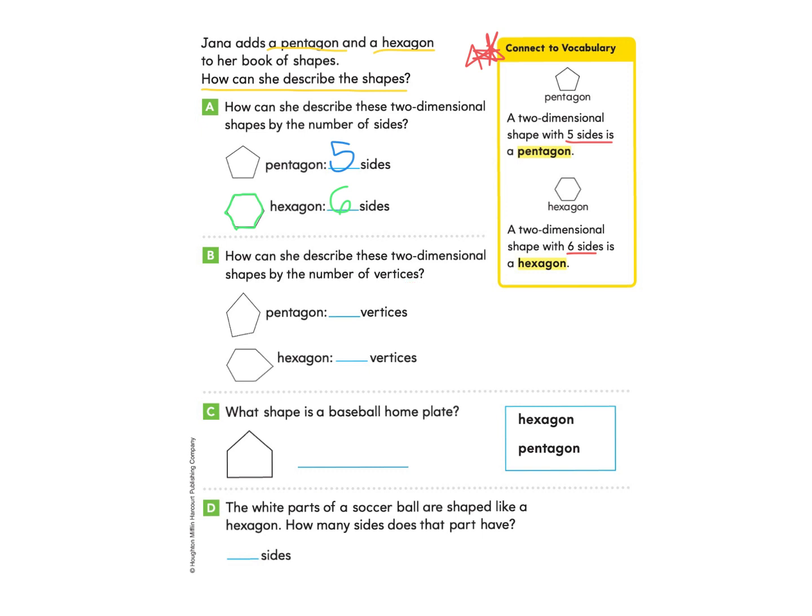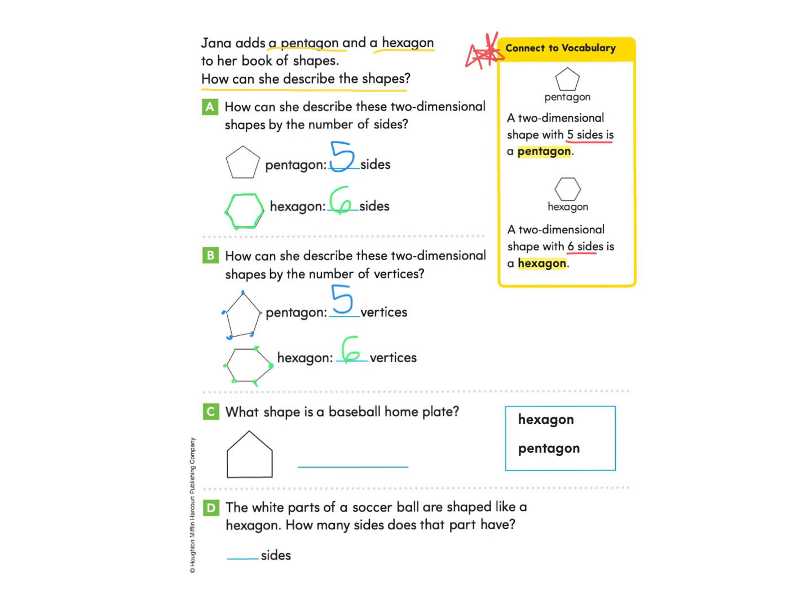All right, let's go back and make sure that we remember that a vertex is the point where those 2 sides meet. So when we look at the pentagon, we have 1, 2, 3, 4, 5 vertices. And when we look at the hexagon, we have 1, 2, 3, 4, 5, 6 vertices. So we'll write in 6 here.